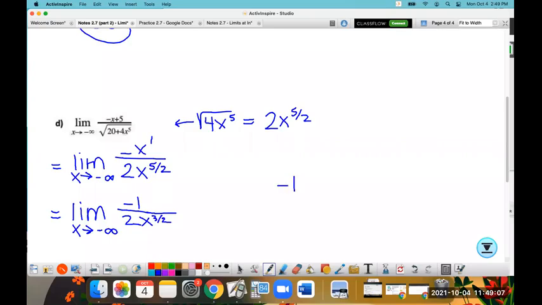Plug in the negative infinity. What kind of root is that? Cubic root or square root? Square root, yep. So we're taking the square root of negative infinity cubed. Negative infinity cubed is negative infinity.